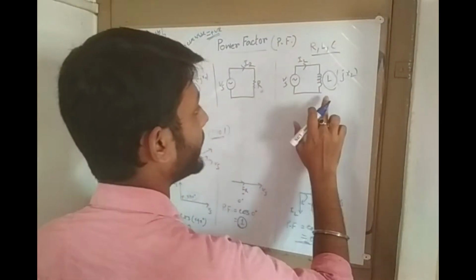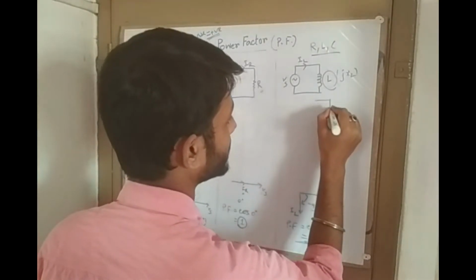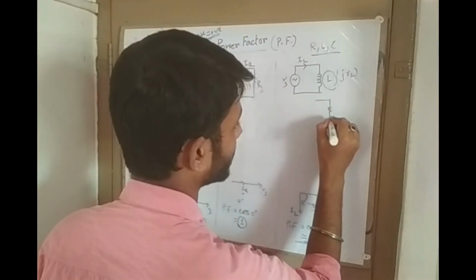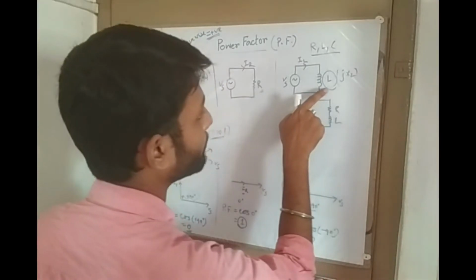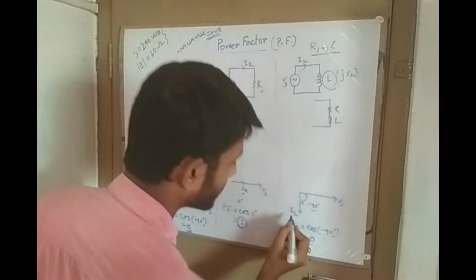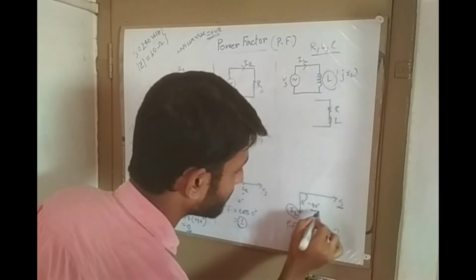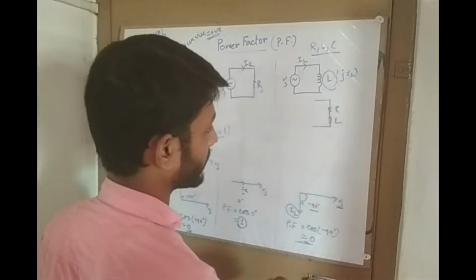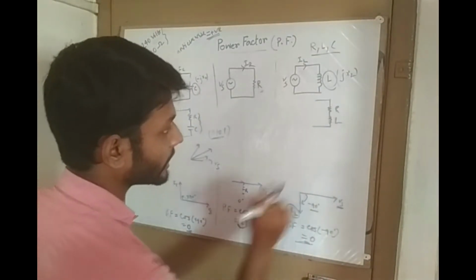In case of an inductive circuit also, the load in general is an RL load. Here, for a purely inductive load, the current is lagging the supply voltage by 90 degree, and for a purely resistive load, it is in the same phase.